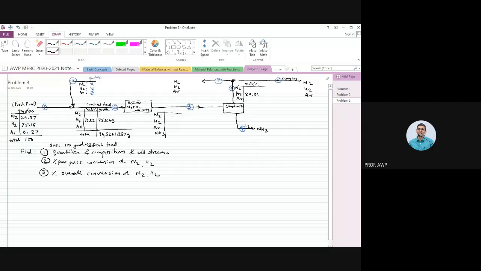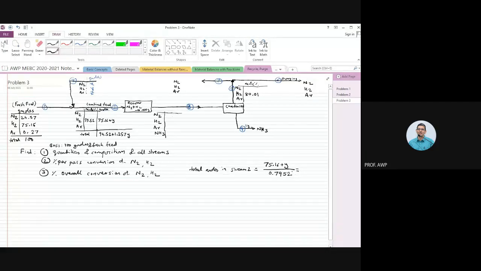Therefore the total moles in stream number 2 must be (75.16 plus Y) divided by 0.7952.